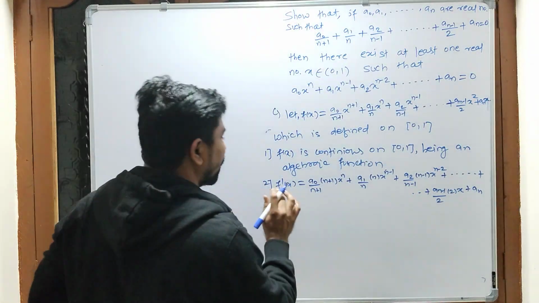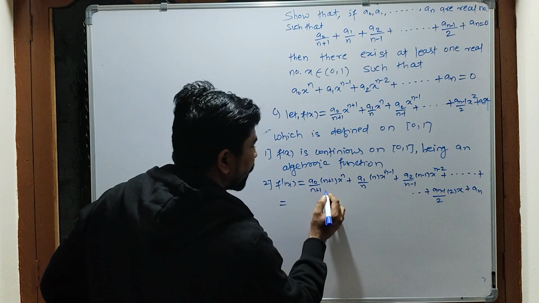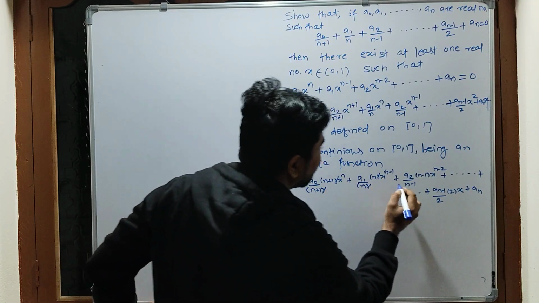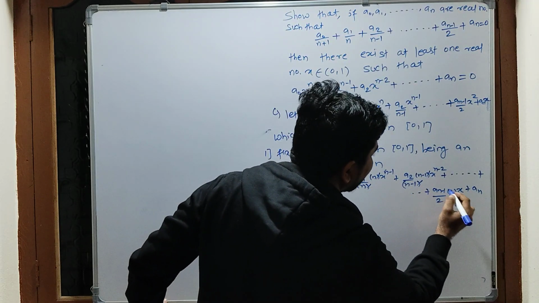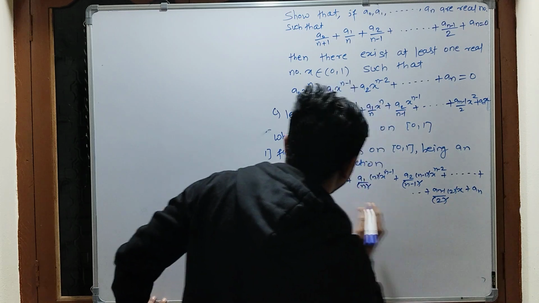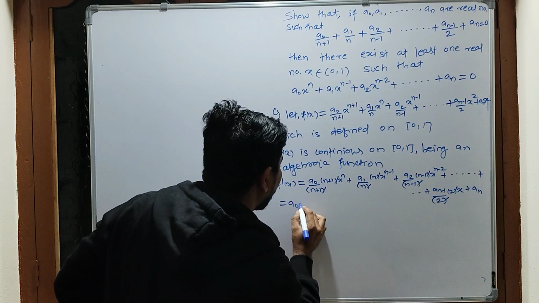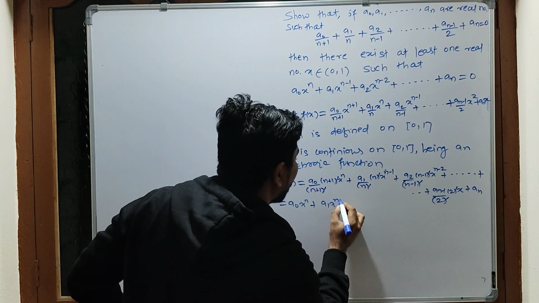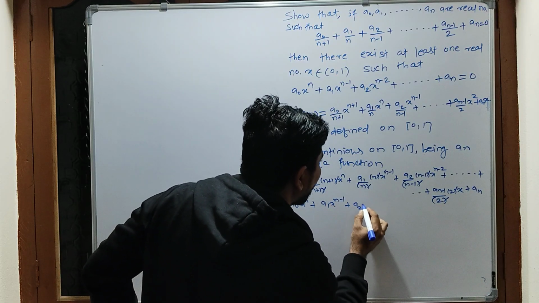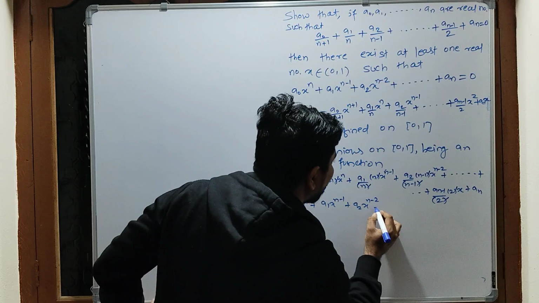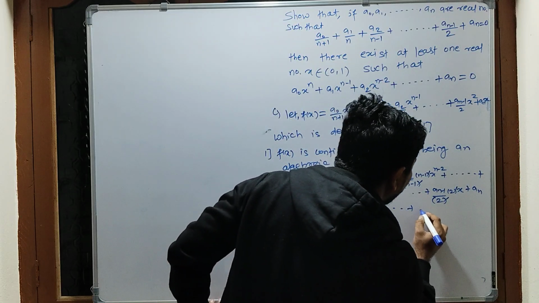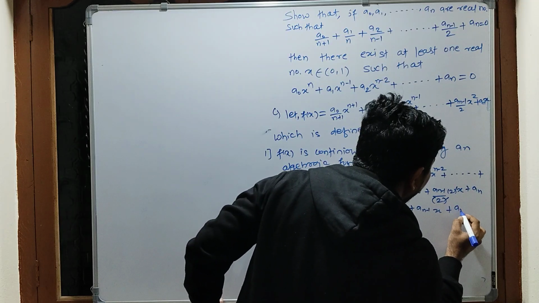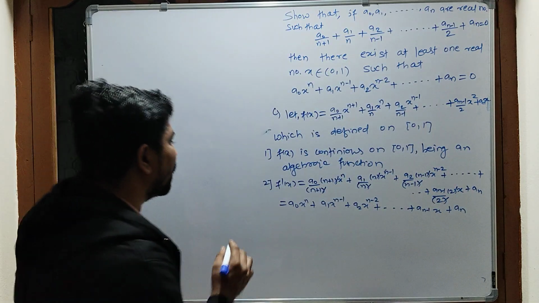So here this n plus 1 gets cancelled, this n gets cancelled, this n minus 1 gets cancelled, and this 2 and this 2 get cancelled. Therefore a0 x to the power n plus a1 x to the power n minus 1 plus a2 x to the power n minus 2 plus dash up to an minus 1 x plus an. So this is my f dash of x.